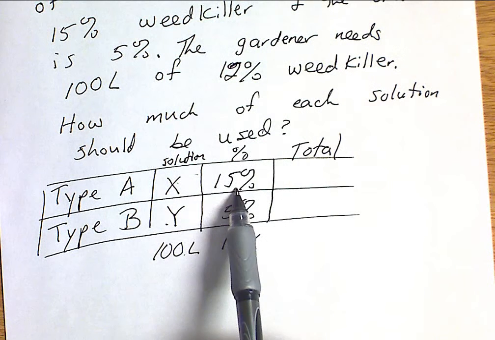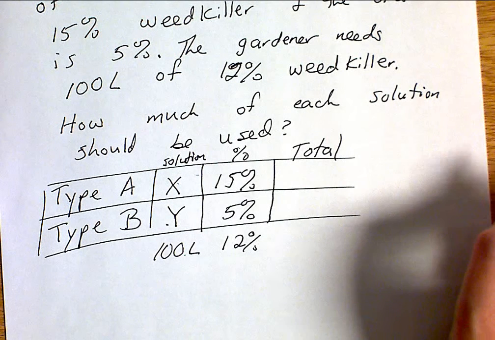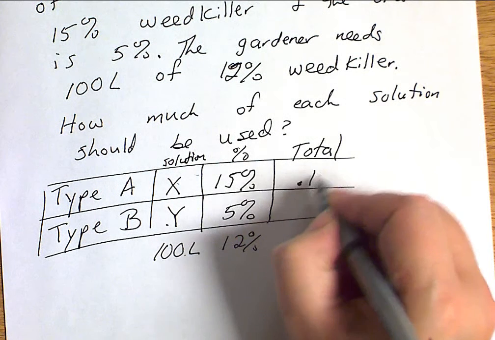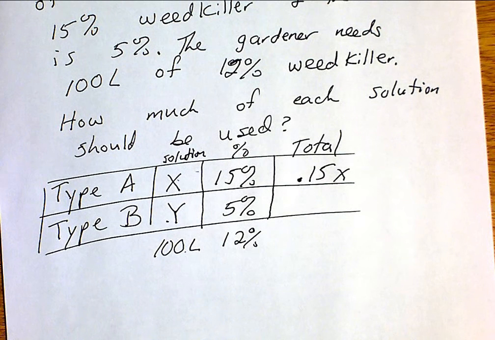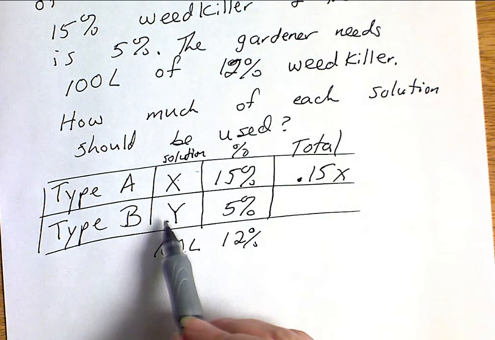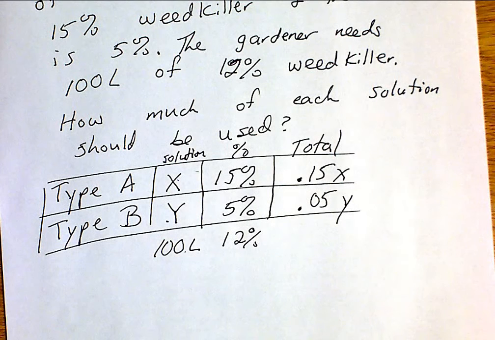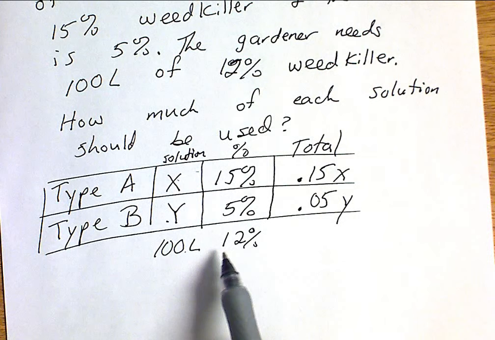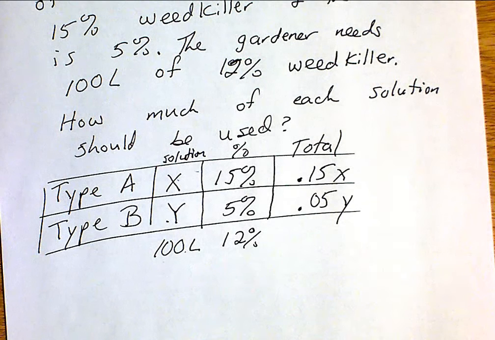Percentage. 15% of X is what? 0.15X. So what is 5% of Y? 0.05Y. What is 12% of 100? 12.